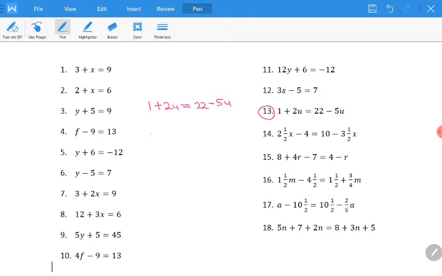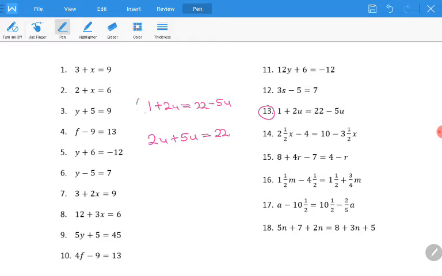It's going to be 2u, this negative 5u is going to the left hand side and it's going to become positive. So it's 2u plus 5u is equal to 22.